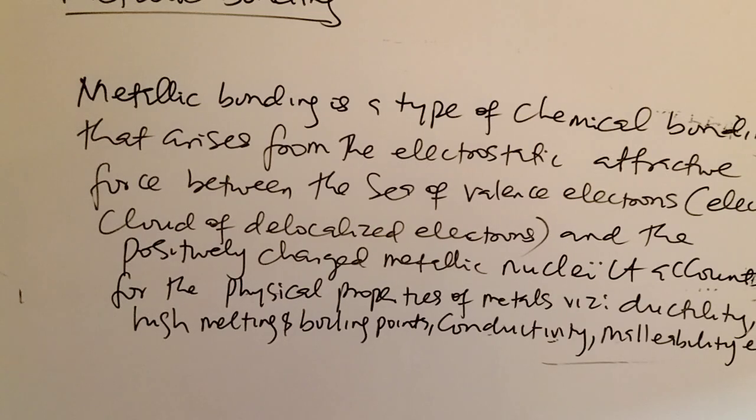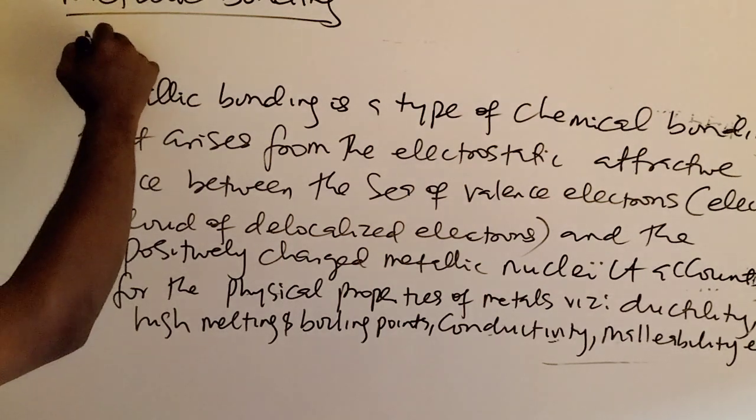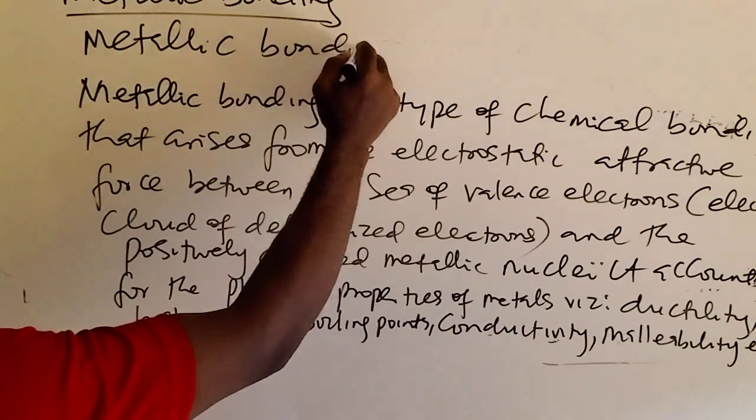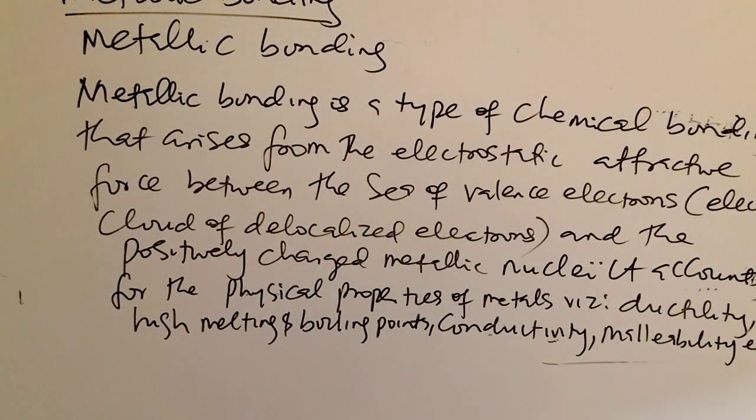So before we go over to covalent bonding, let's look at metallic bonding. So what is metallic bonding?